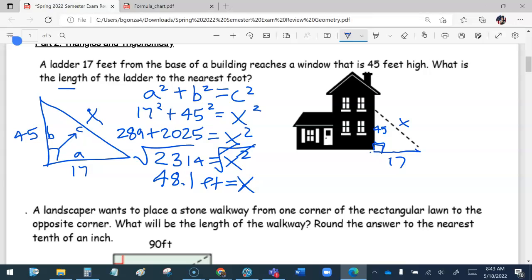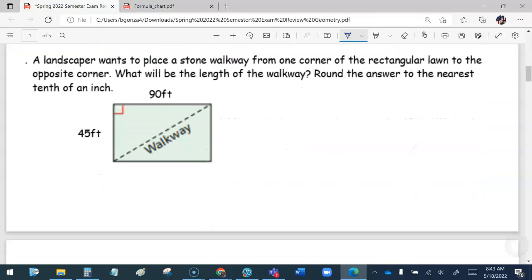So again, that's the Pythagorean Theorem. Plug in the two legs you know to get the hypotenuse. And here's another one. Landscaper wants to place a stone walkway from one corner to the other. What will be the length of the walkway? So we have A, B, and C again, which we'll call this x.